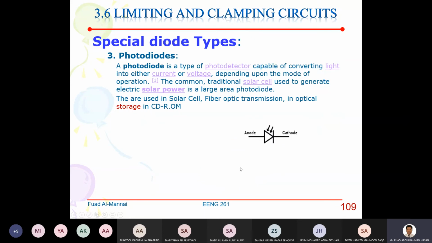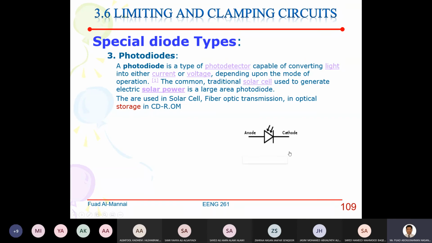The third one we call the photodiode. It is a type of photo detector capable of converting light into either current or voltage, depending upon the mode of operation. We use this in solar power.